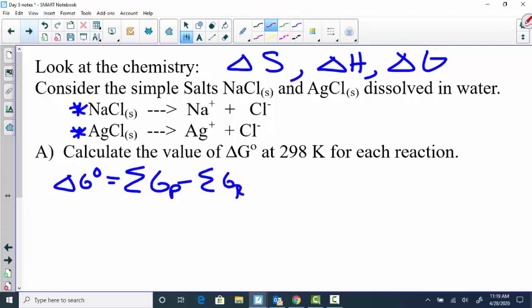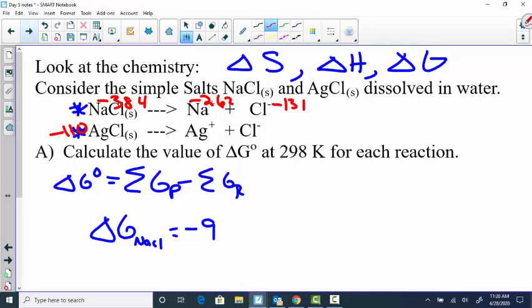And that means we would need to look these values up, and I did that. So the G of sodium chloride is minus 384. This is minus 262, and this is minus 131. Okay, I'm going to assume that you can do this. So the delta G of NaCl actually comes out to be minus 9. Okay, and looking up the values for Ag, this is minus 110, positive 77, minus 131.